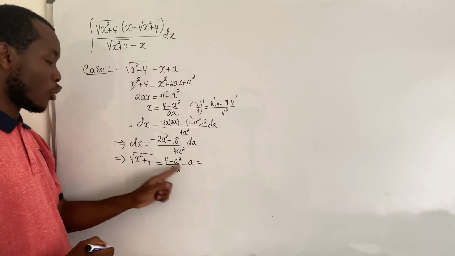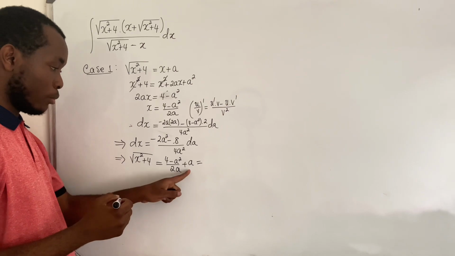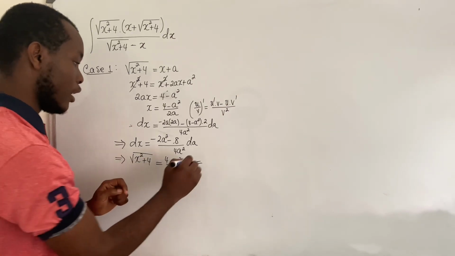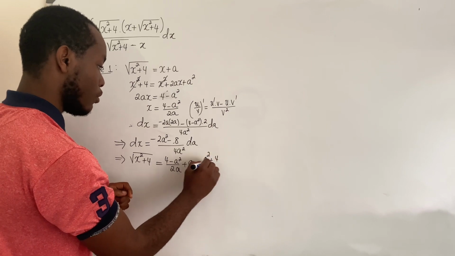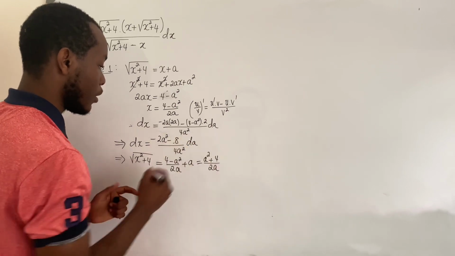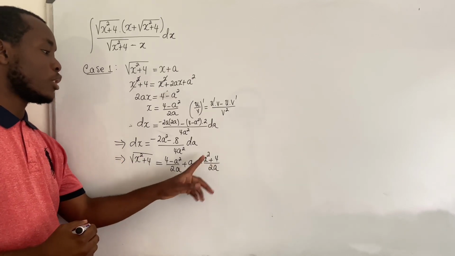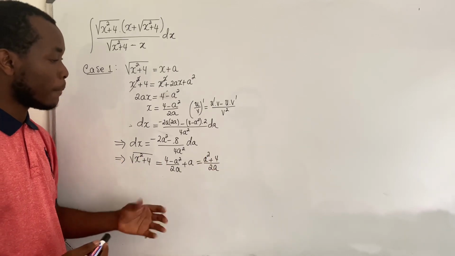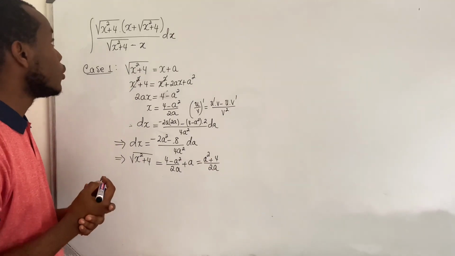Finding the common denominator, I will have 2a squared minus a squared, which will produce a squared plus 4 over 2a. So the square root of x squared plus 4 we can consider to be a squared plus 4 over 2a. Now, after doing that, we can simply substitute back in our integral to see the new expression that we get.